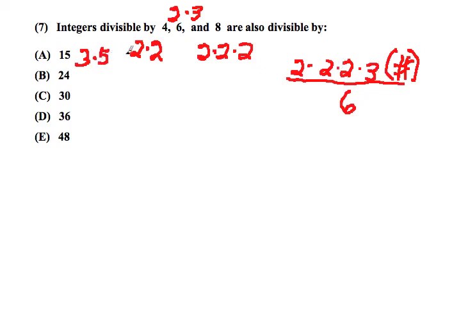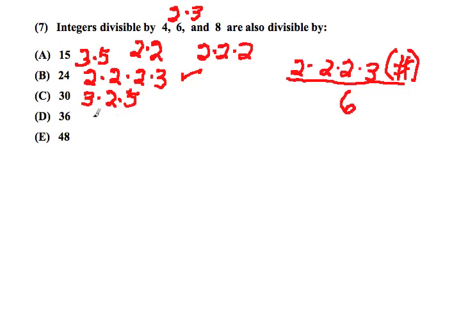Well, it has a 3 but no 5, so that's not it. 24 we could factor into 2 times 12, and 12 into 2 times 6, and 6 into 2 times 3. Okay, well that looks like a possibility because we have everything we need. But just to make sure, let's look at 30. It factors into 3 times 10, and 10 into 2 times 5. So we need a 3, 2, and a 5.